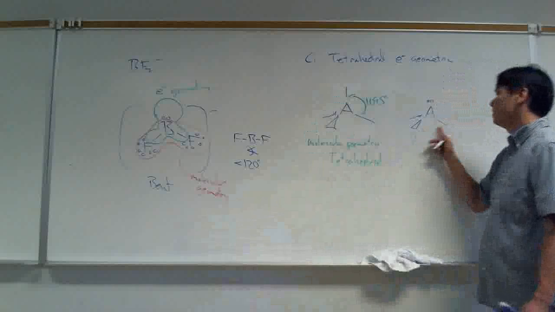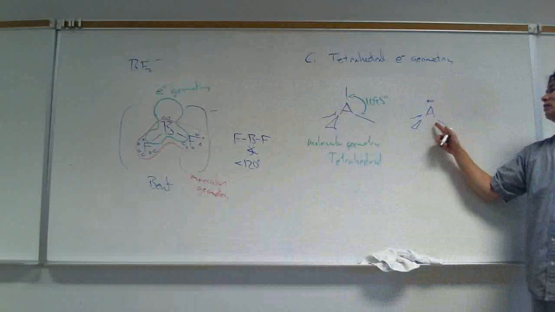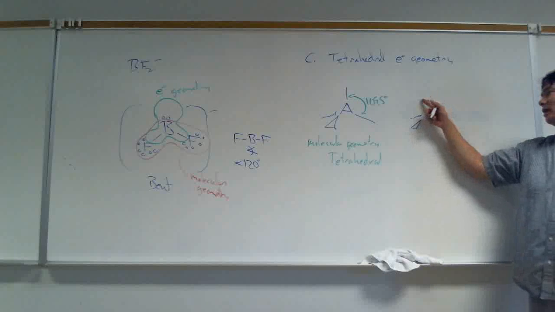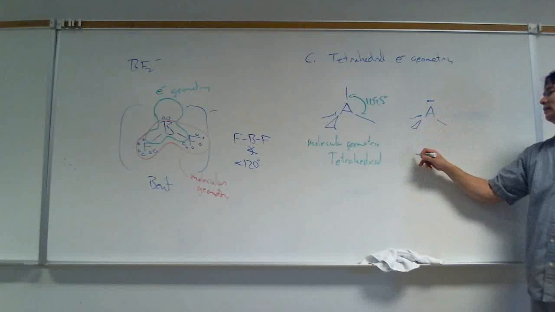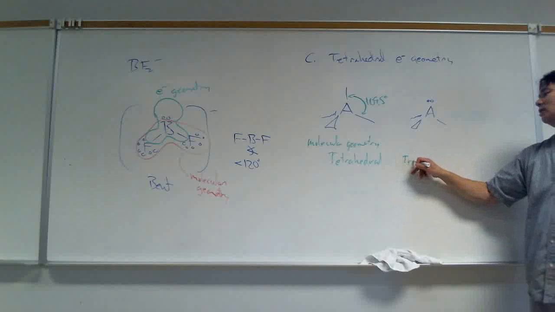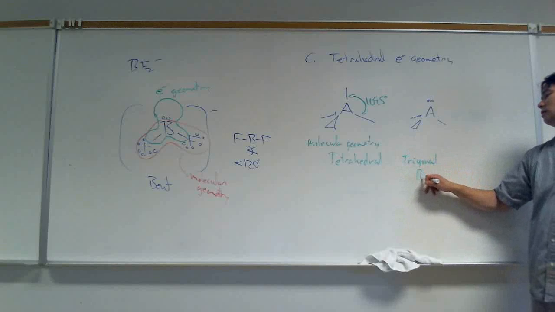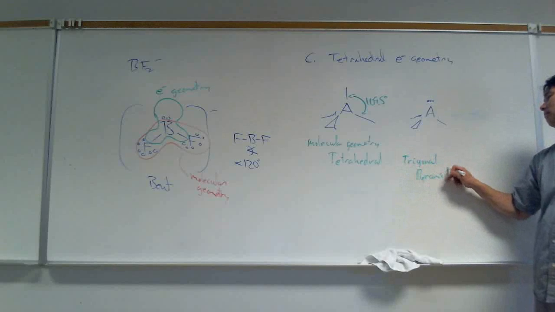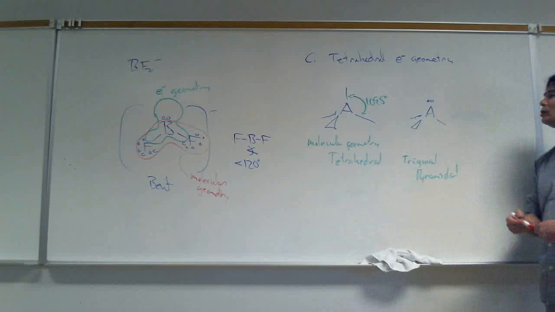But if we have a lone pair, do we count it? No, we don't see it. It's there, so we factor that in for the angle, but the molecular geometry is called trigonal pyramidal. We look at the repulsions here.